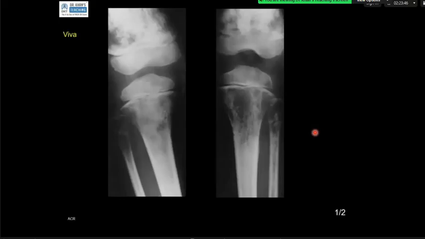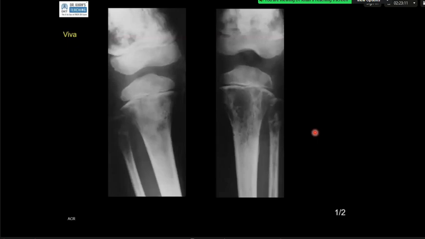This is a bilateral knee radiograph. I can see mixed lytic and sclerotic changes in the medullary cavity, associated with physeal irregular shape and reduction in the size of both epiphyses of the tibia.